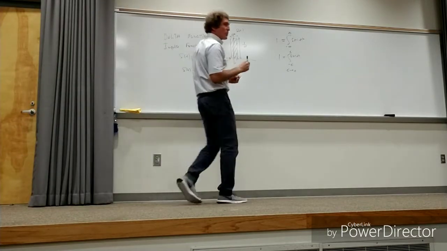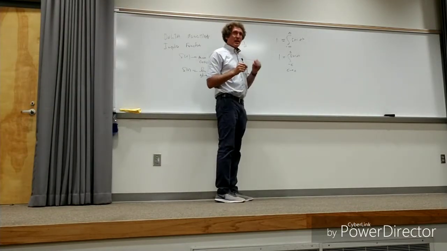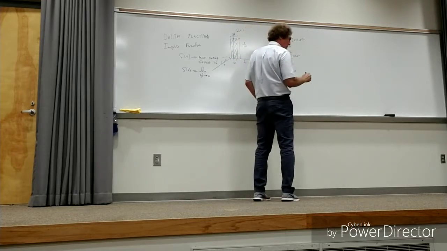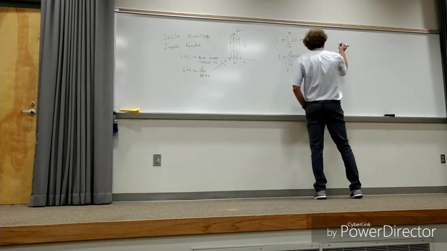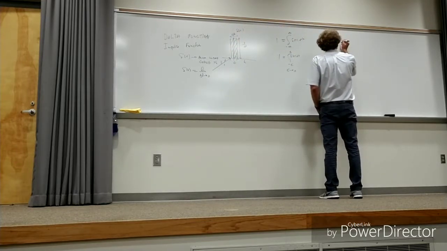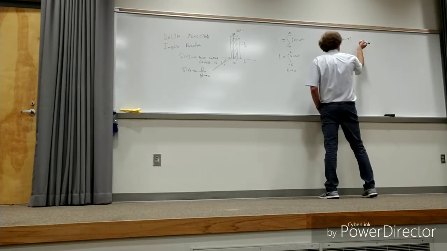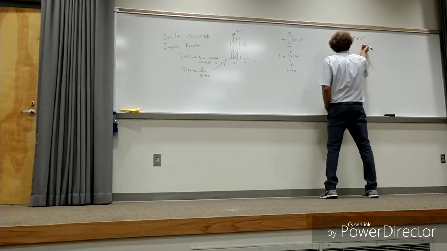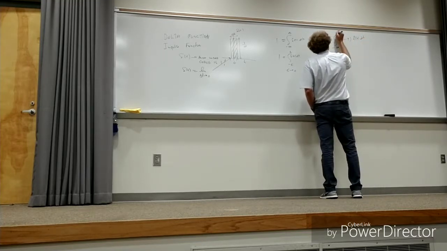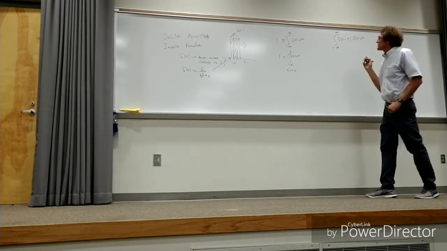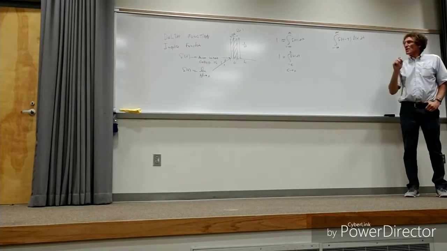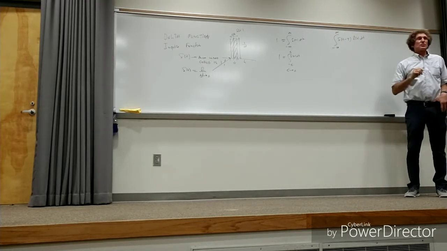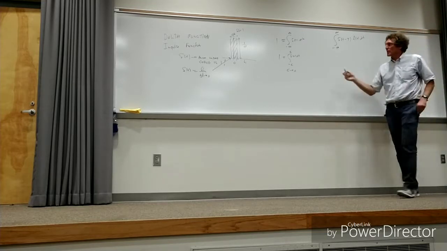Now here's why it's important. Pay attention to this. I integrate delta of t minus tau times any function f of t dt, from minus infinity to infinity. I want you to think for a second now. Where does this delta function turn on? Where does the spike occur? Look here.